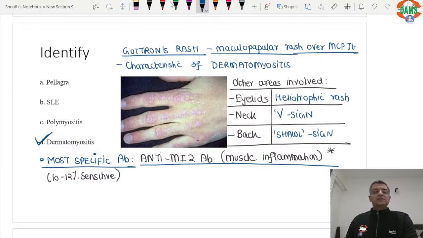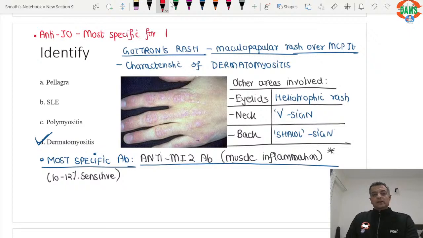Anti-Jo is possible. So how do we have to say? Comparison. The anti-Jo can be present, but it is most specific for polymyositis.